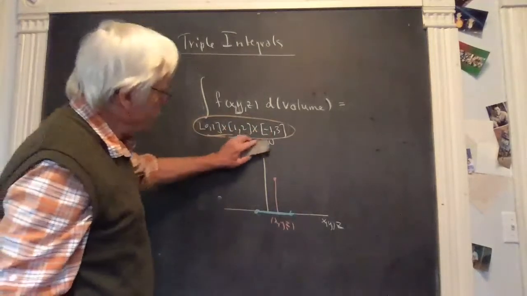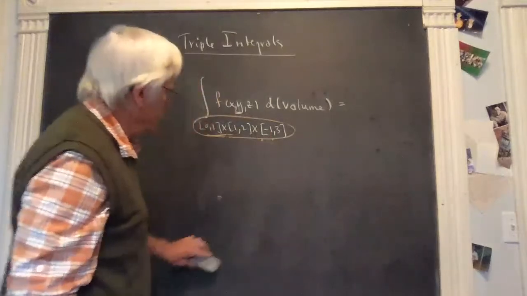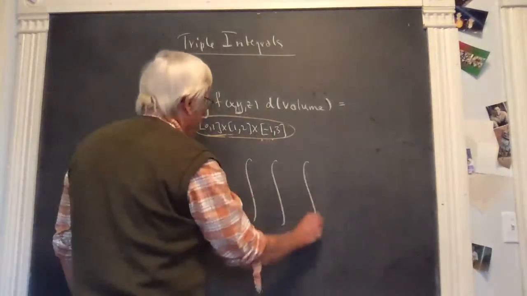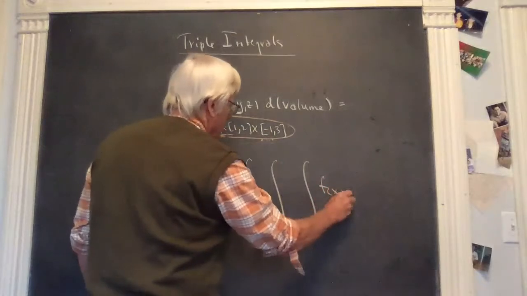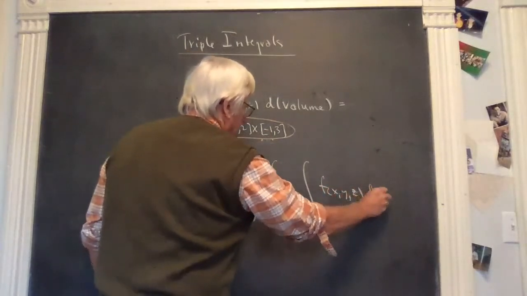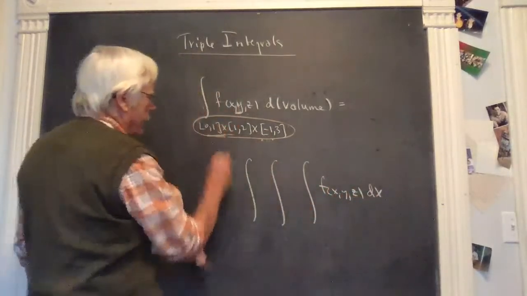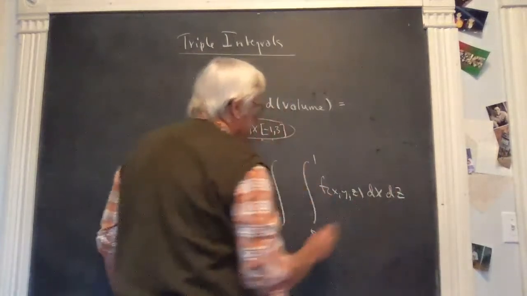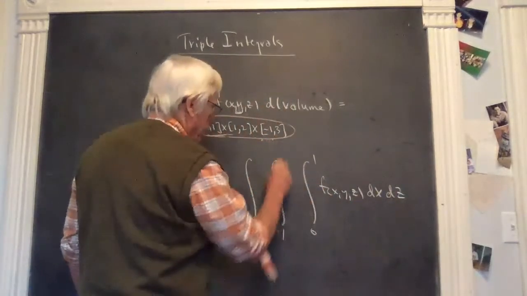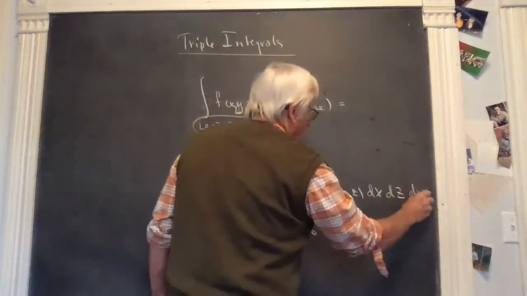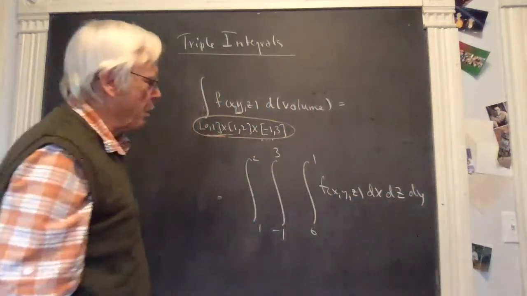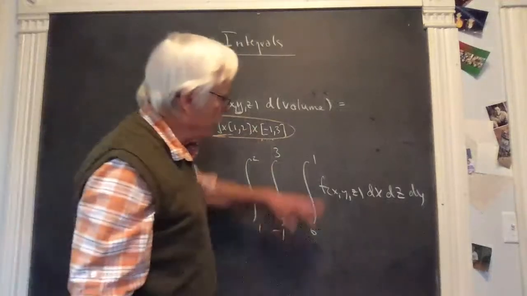So in this case that I have right here, you could write this as an iterated integral in many different ways. But if we did x first, x would go between 0 and 1. If we did z next, z would go between -1 and 3. And then doing y last, y would go between 1 and 2, and there you go. So now you've written it as an iterated integral.